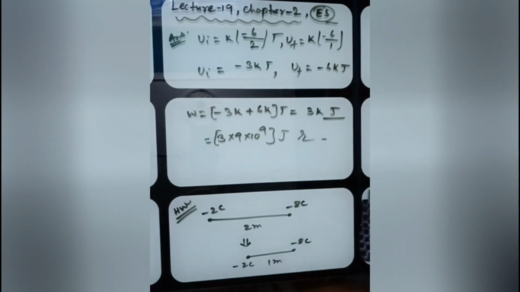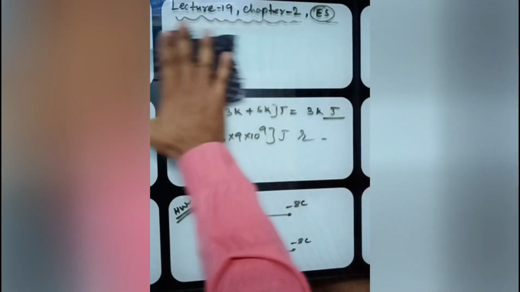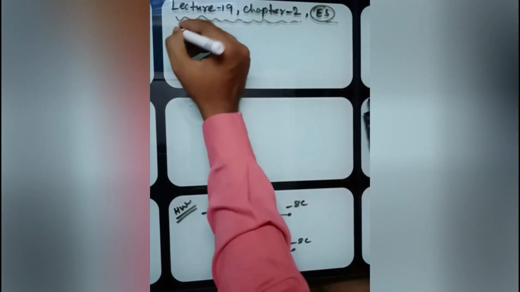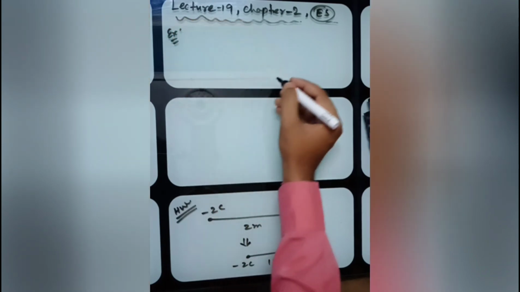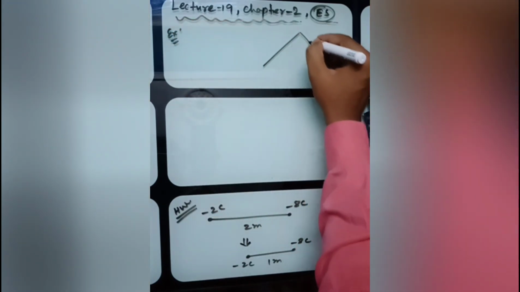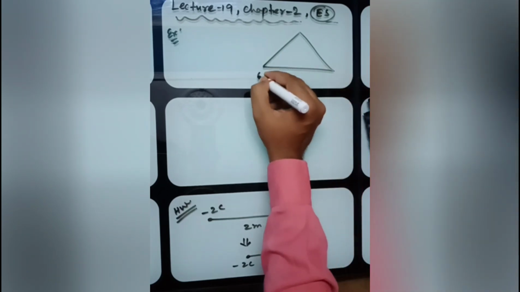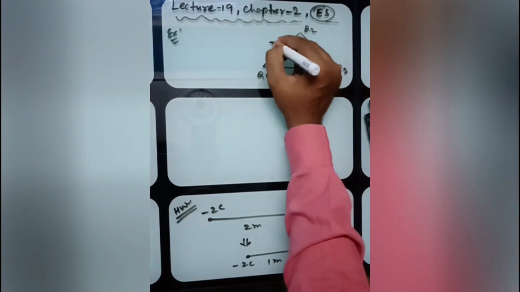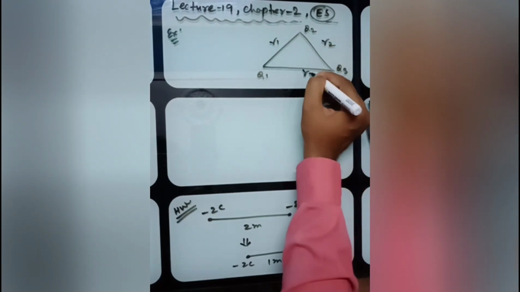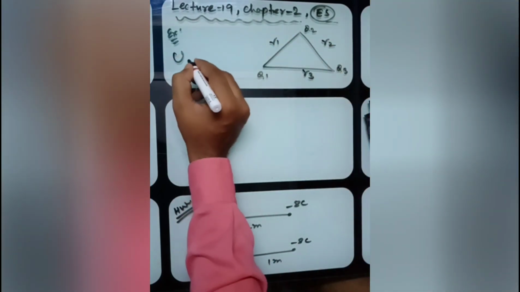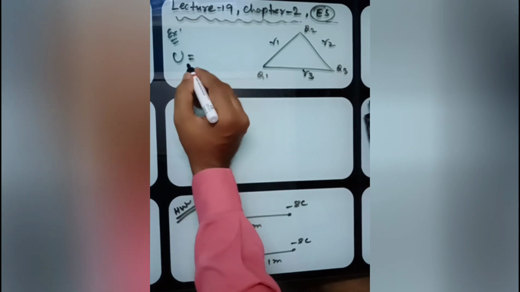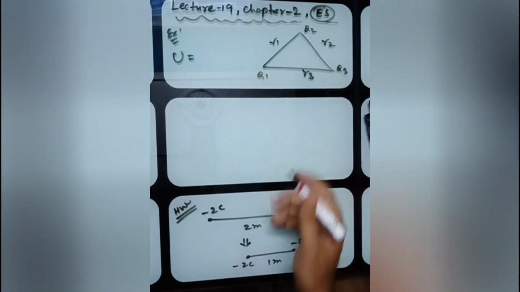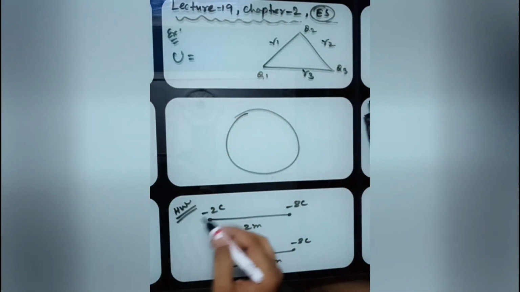Okay, now student, if you are finding the potential energy between a number of charges, then bear in mind, if you have 3 charges in this way, Q1, Q2 and Q3 at R1, R2, R3, then how many terms will there be in the potential energy? Try to focus here on the concept of potential energy.